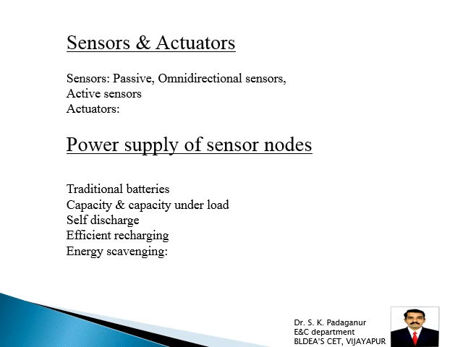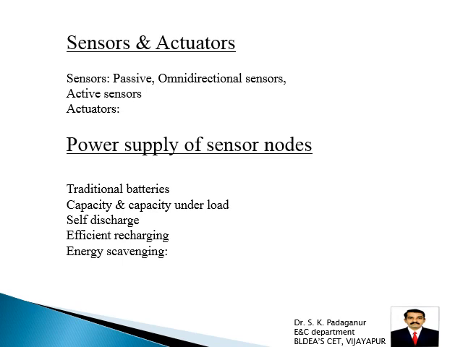Then power supply for sensor nodes. Power supply includes what kind of traditional batteries you are using for storing energy, what the capacity is and the capacity under load, whether there is a provision for self discharge, efficient recharging, and energy scavenging.